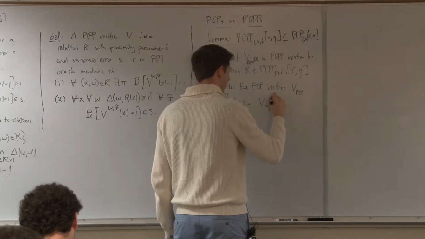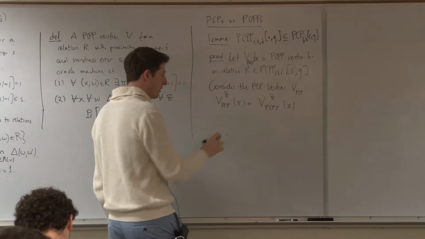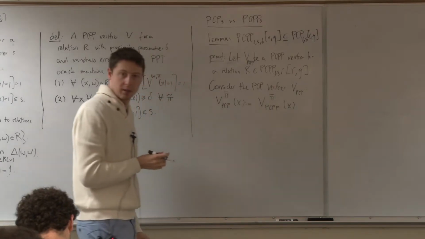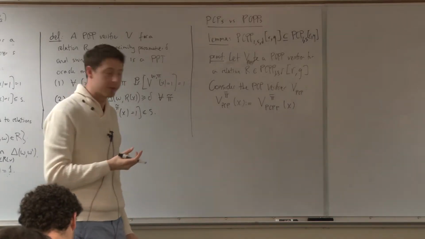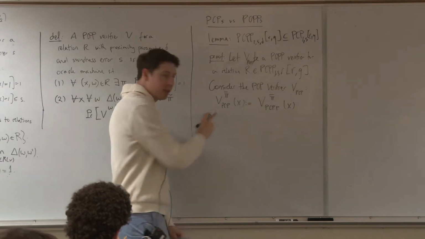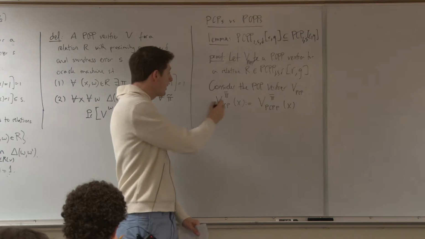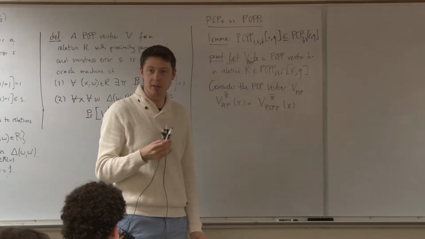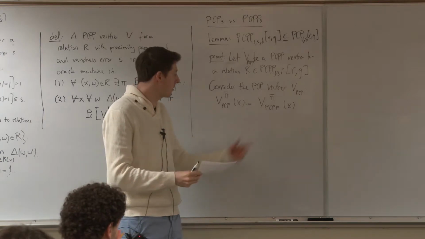Well, kind of. I want to write V_PCPP on pi bar and X. I can't technically do that because the interface of a PCPP verifier really expects two oracles. So what I want to do is, as a PCP verifier, even though I have access to one oracle, I'm going to enforce that this oracle has two parts, and I will show these two parts to the submachine.